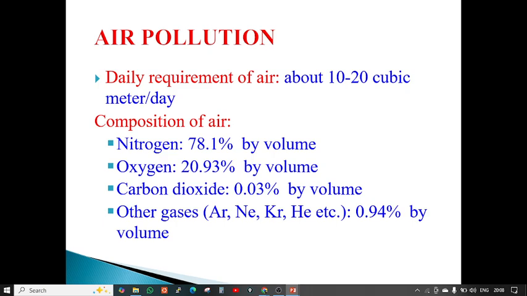After nitrogen, oxygen is nearly 21% by volume. Then carbon dioxide is 0.03%. Now it has increased up to 0.05% due to human activities. Rare gases like argon, neon, krypton, and helium are very rarely present in the Earth's atmosphere.